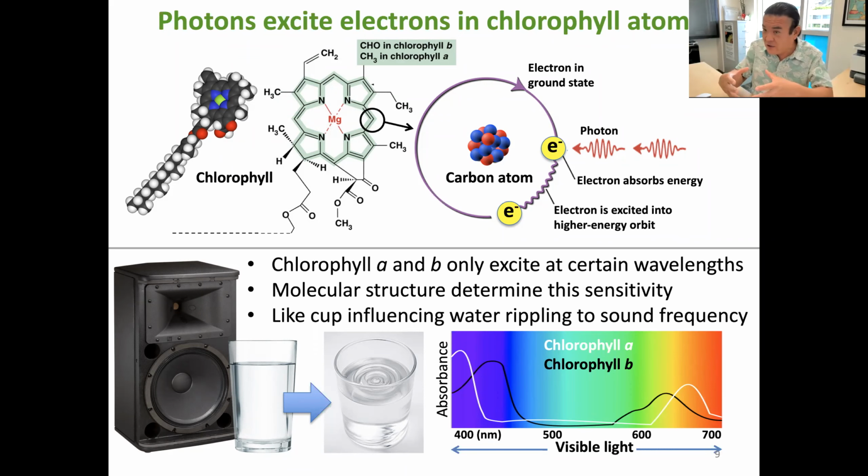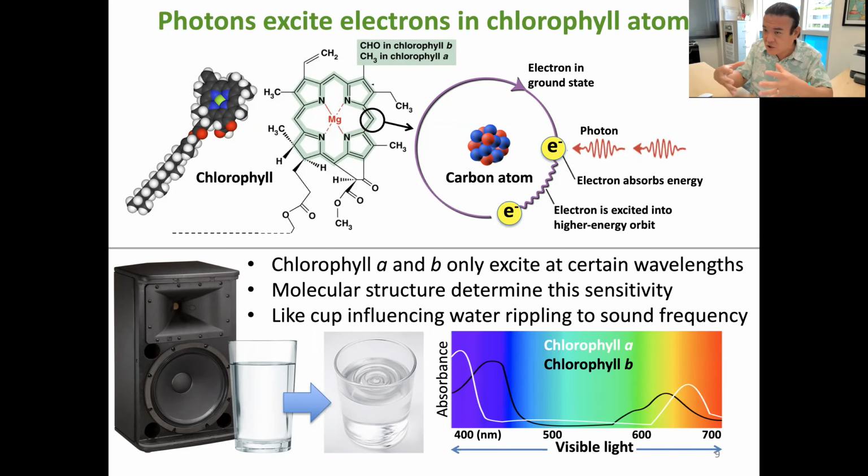I think you would know that as you go through the different frequencies of sound, the water at some points would begin to ripple. And that's because that happens to be the right frequency range that resonates within this glass. And those frequencies would be dependent upon the shape and size of the glass that you have.